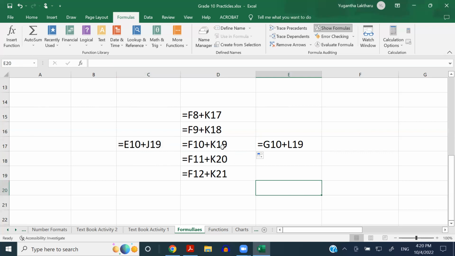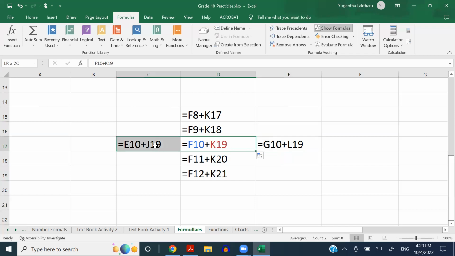Daddy, L looks like number 1. Yes. So when we are copying it to the right, the column header increases. When we are copying it to your left, the column header decreases. People, are we clear about this concept? Yes, sir.